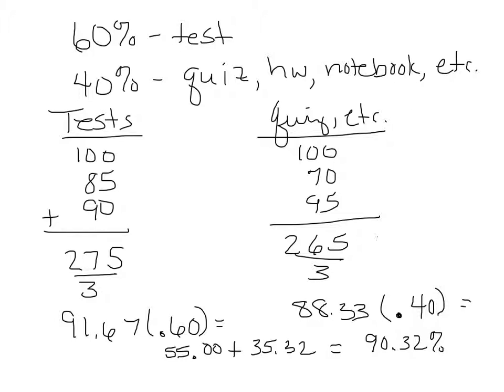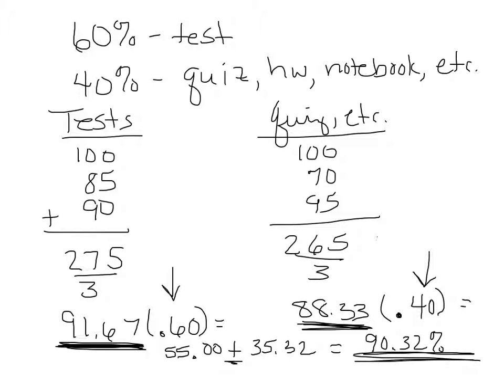Well, figuring the average atomic mass is done the same way. Here's my mass, or my amount of tests that I have. These are the amount of my quizzes that I have. I multiply them by the percent abundance, add them together, and that gives me my average.